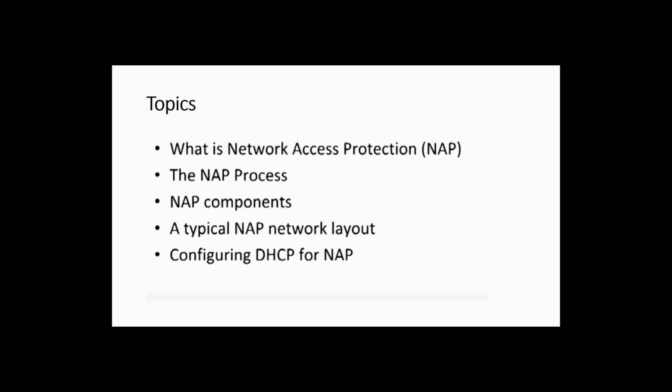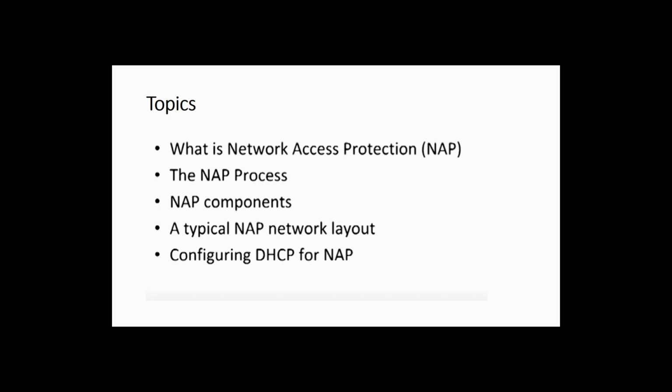These servers are equipped with a technology that allows and denies computers from accessing the network based on a number of health checks. And Paul already mentioned some of these health checks in the video.